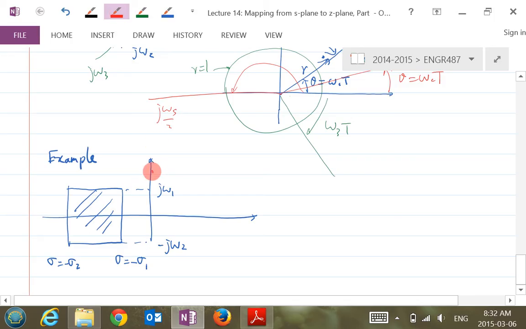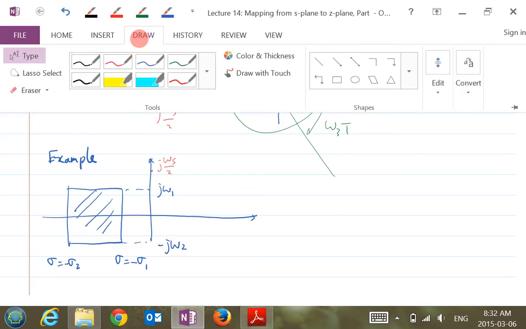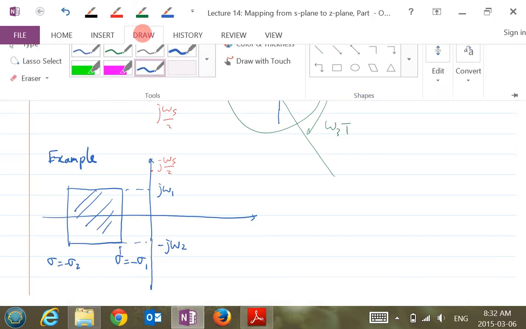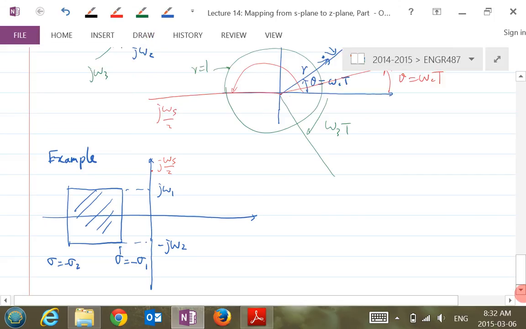Let's say this is j omega s over 2, and we're assuming the region is inside the primary strip. Let's look at the mapping of this one here.